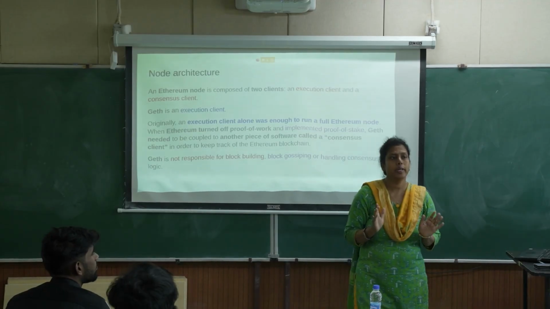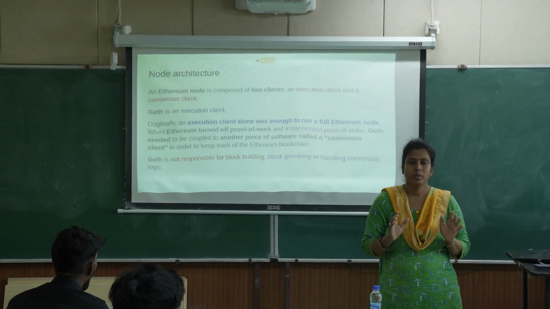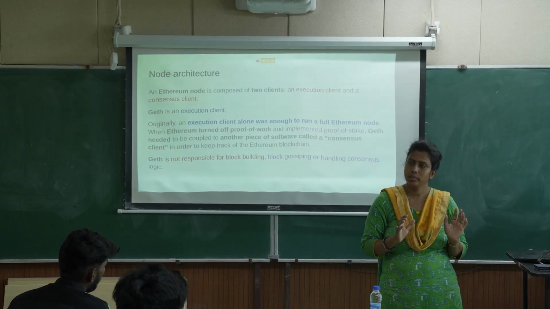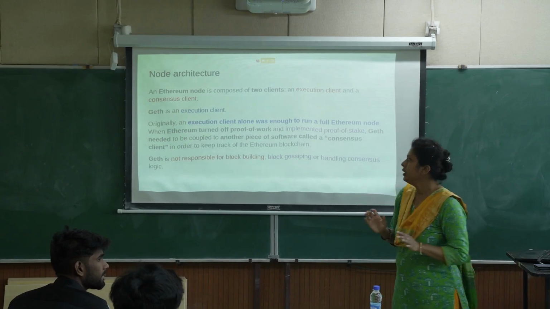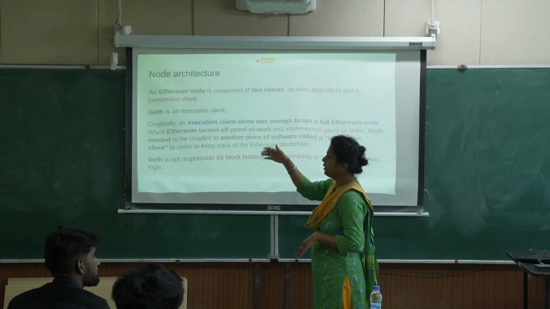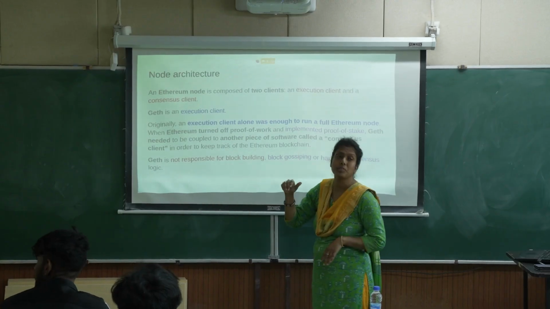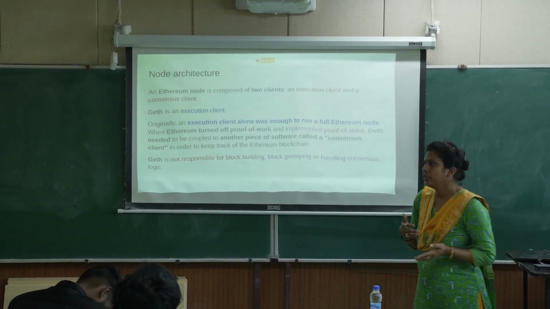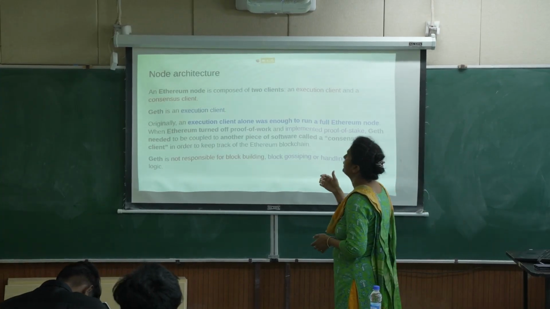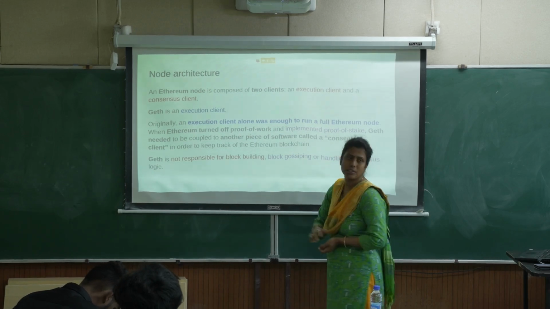After some time, Ethereum, which initially handled only proof of work, was converted to adopt proof of stake. When it switched to proof of stake, we needed another client, known as the consensus client.